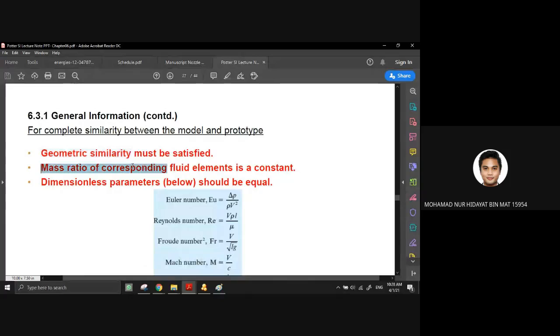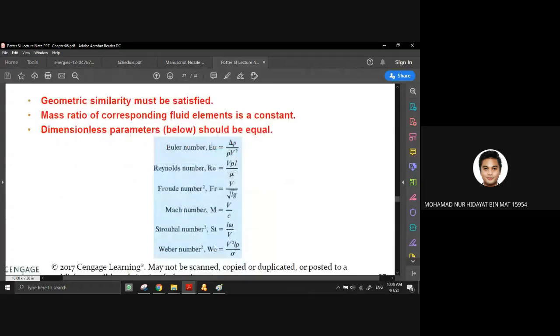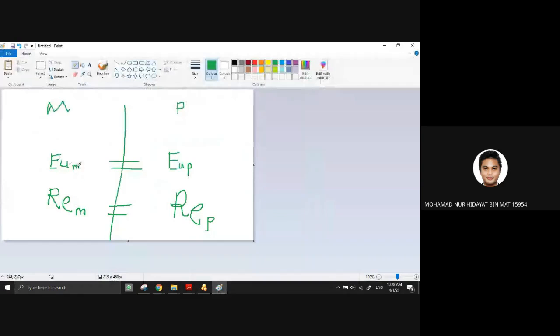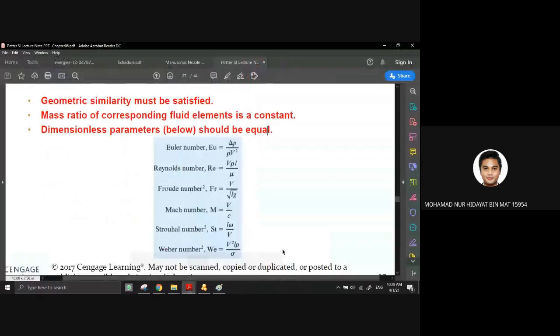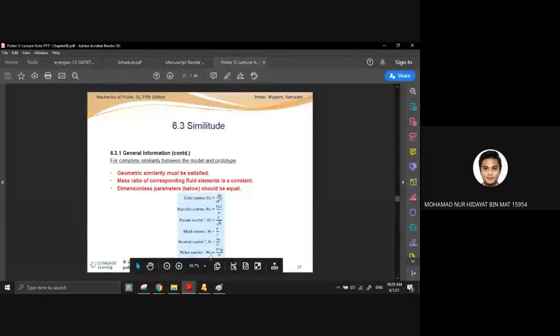The next one here is actually a velocity, this is a typo. The velocity ratio of the corresponding fluid elements is constant, and the common dimensionless parameters should be equal. The Euler number of the model equals the Euler number of the prototype. The Reynolds number of the model equals the Reynolds number of the prototype. That is why you need to learn this.